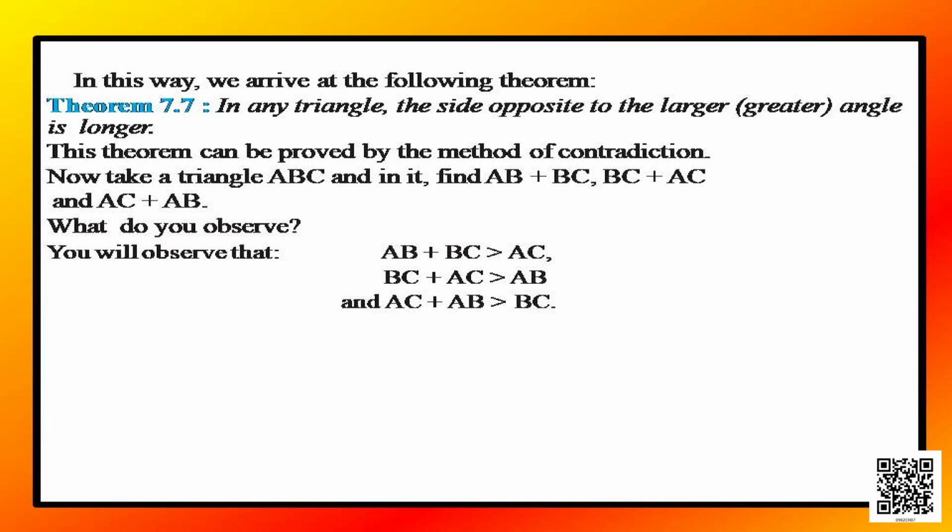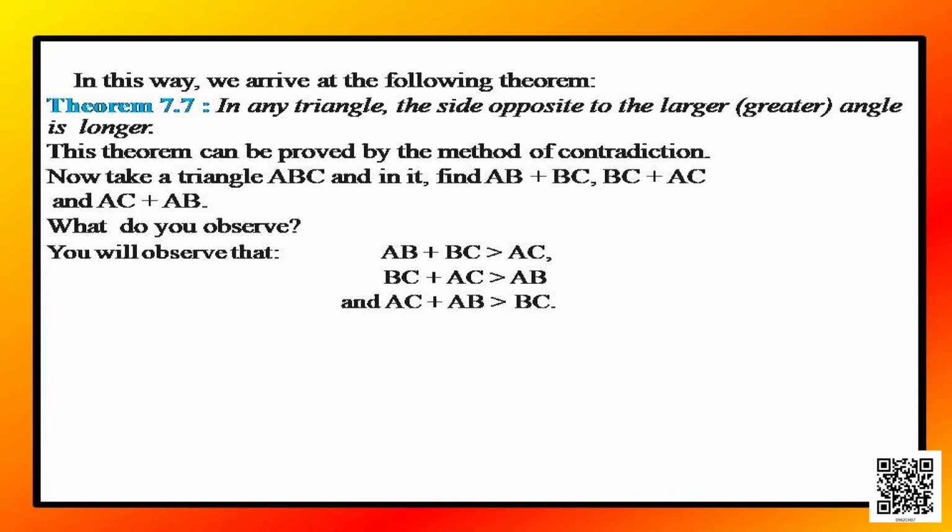Now, take a triangle ABC and in it find AB plus BC, BC plus AC and AC plus AB. What do you observe? You will observe that AB plus BC is greater than AC, BC plus AC is greater than AB and AC plus AB is greater than BC.